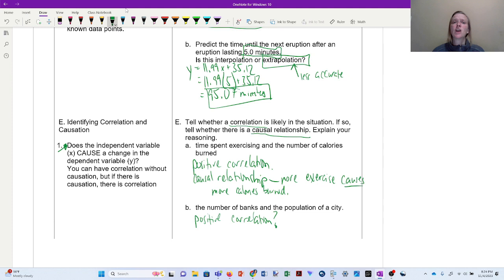But this is definitely not a causal relationship. If you have more banks, that does not cause the population of a city to increase. So not causal. More banks does not cause population to increase.